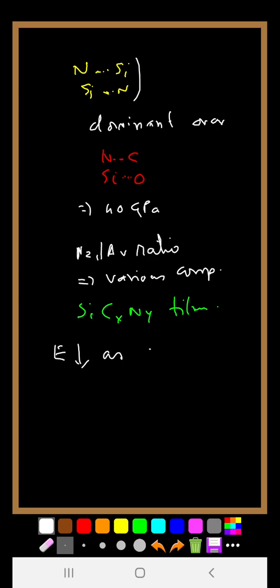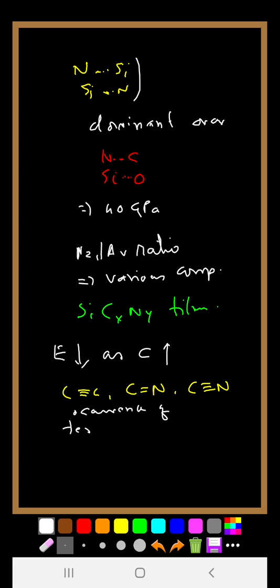Modulus goes down as carbon content in the film increases, and with the formation of C triple bond C, C double bond N, and also C triple bond N. These bonds occur together with terminating nitrogen atoms for the film with higher carbon concentration.